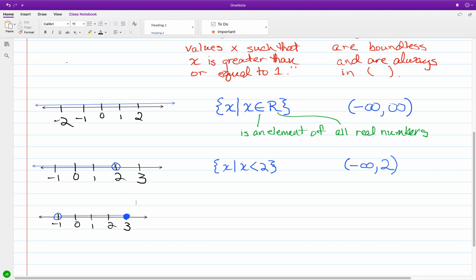And for what we have in this particular case, you have values of x that will be greater than -1, and at the same time you have values of x less than or equal to 3.